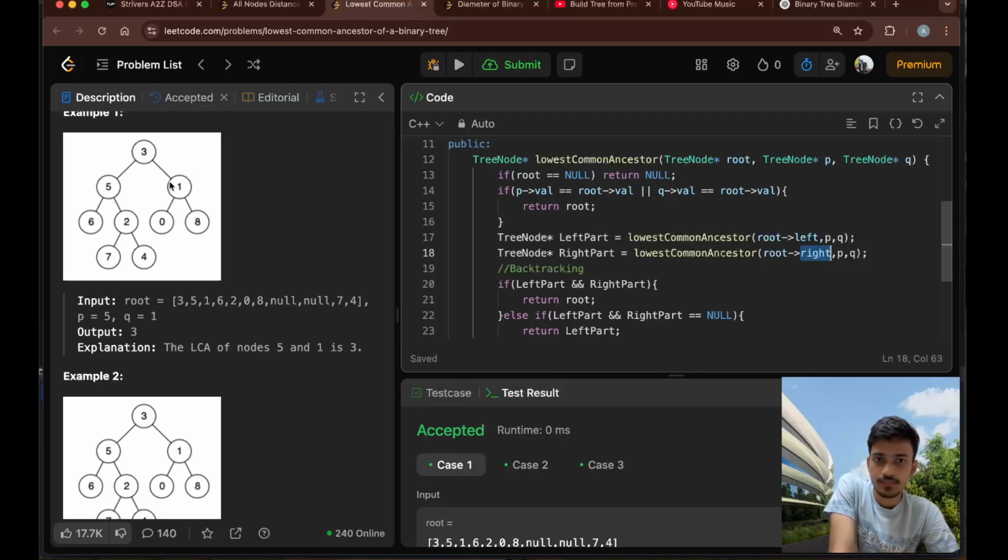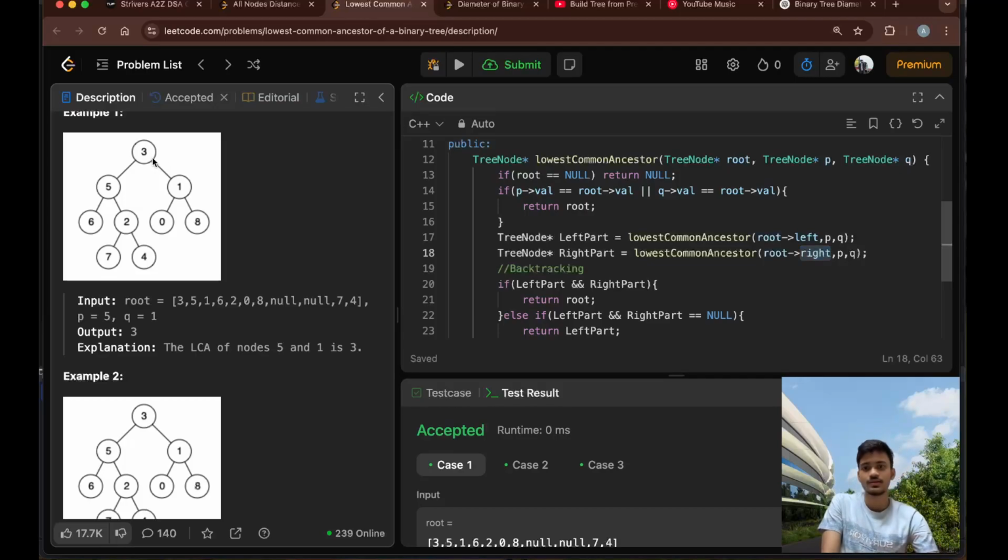Then the right part, 1, it returns 1. Now we have come back to the root, so 3. That's how you are getting this answer.